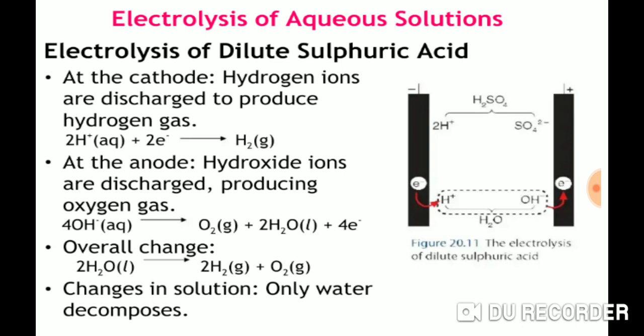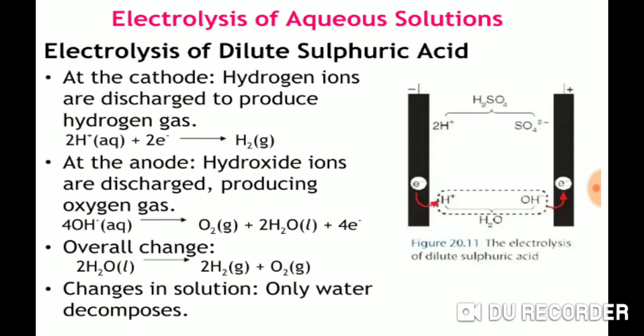So you can see at the cathode, 2H positive ions gain 2 electrons, get reduced, and give hydrogen gas, whereas at the anode, hydroxide ions as well as sulfate ions both move towards the anode. Since the concentration of OH ions is high, when they reach the anode they lose electrons and get oxidized. So 4 OH negative ions get converted to O2 plus 2H2O, releasing 4 electrons.